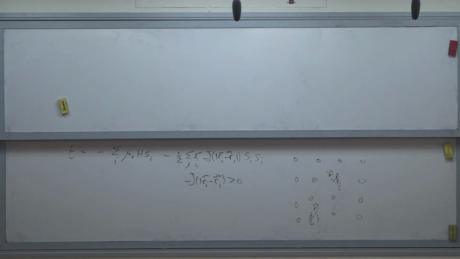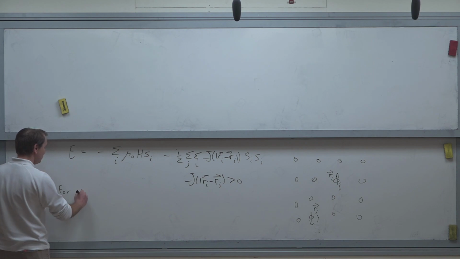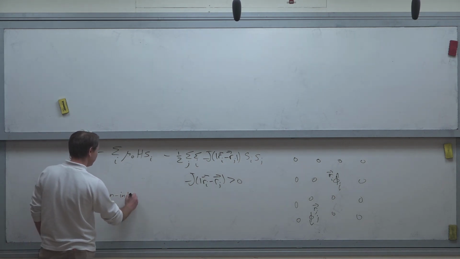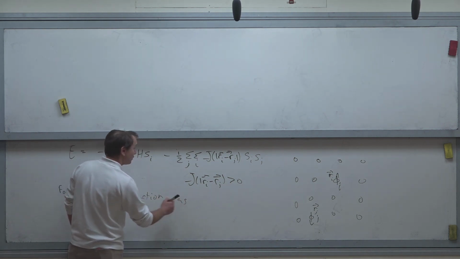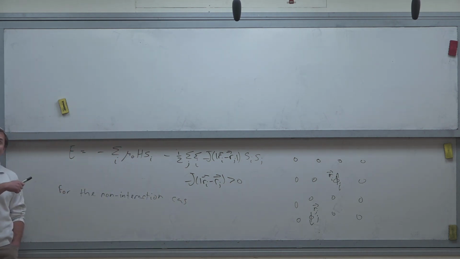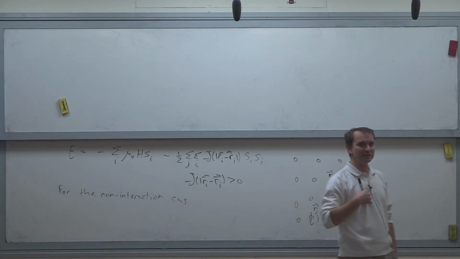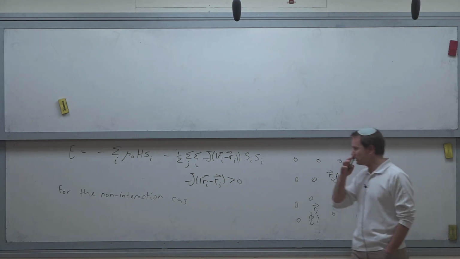Okay, what have we seen so far? We've solved the non-interacting case. Basically, when J equals exactly 0, we completely don't care: each spin behaves on its own, and it doesn't really care about everybody else.